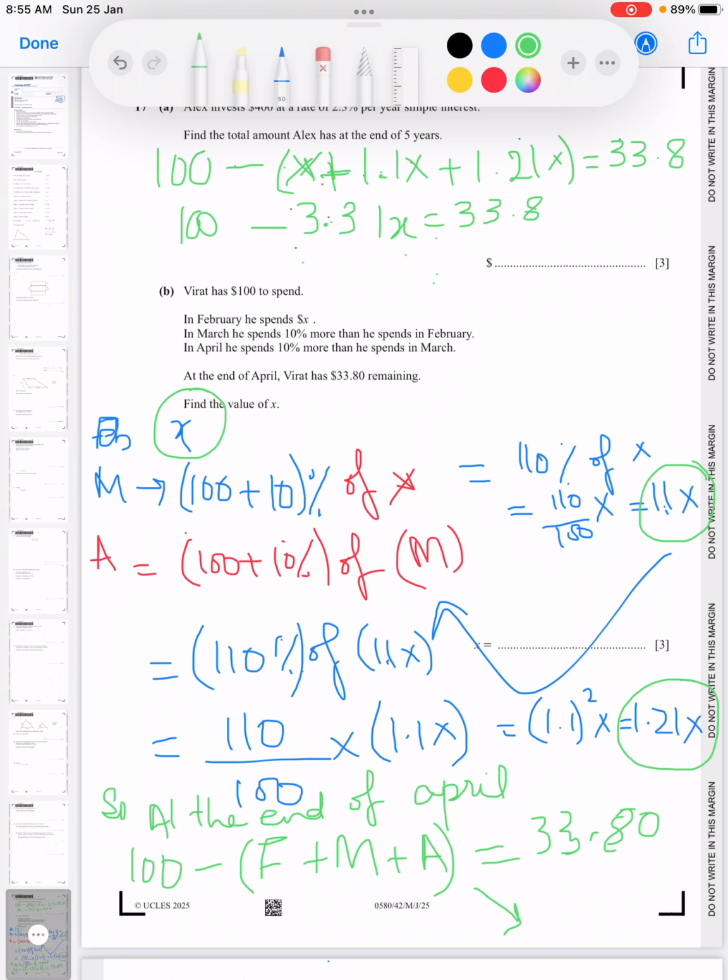Just subtract 100 from both sides: you will get minus 3.31x equals 33.8 minus 100. So minus 3.31x equals minus 66.2.